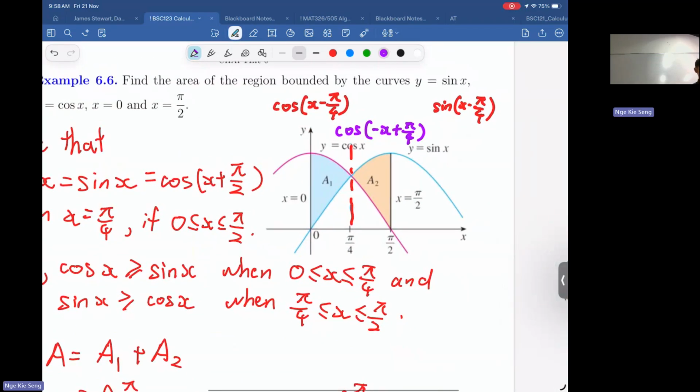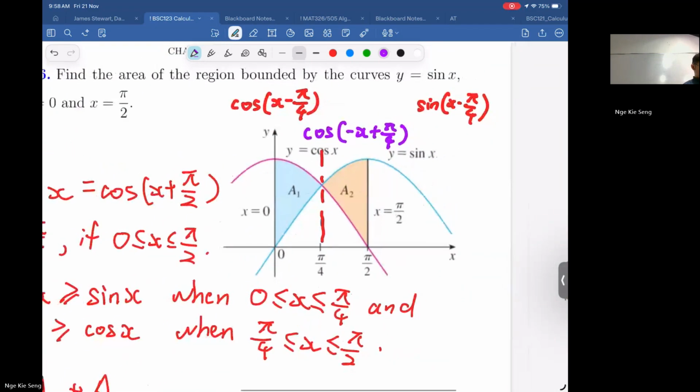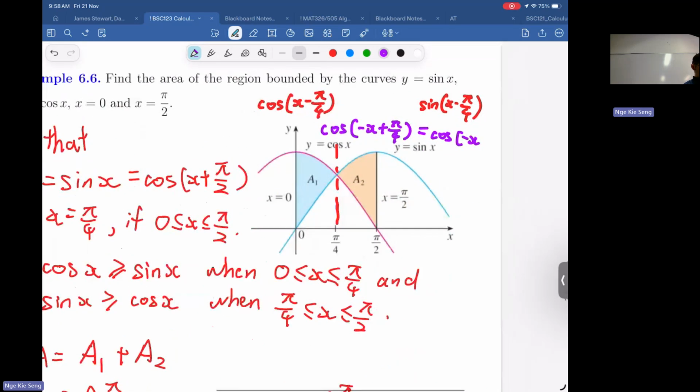Can we go backward? So meaning this equals cos of negative x plus π/4 minus π/2.